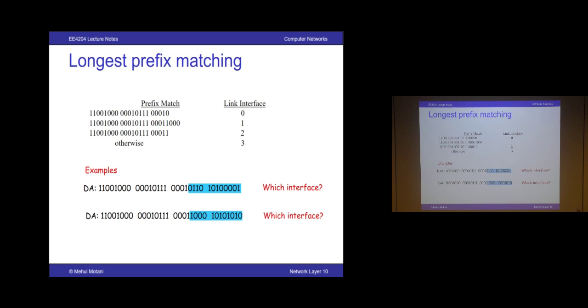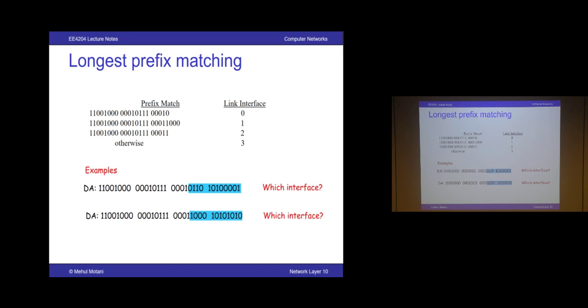So if the destination address is the one on top here, which interface do I route on? Looking at my forwarding table and the destination address shown here, which interface am I going to route on?